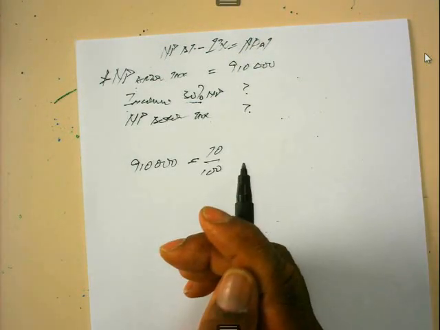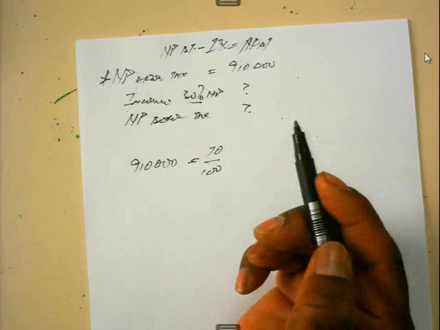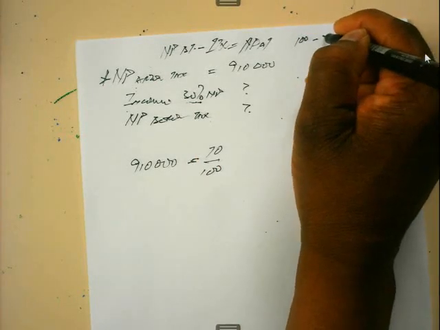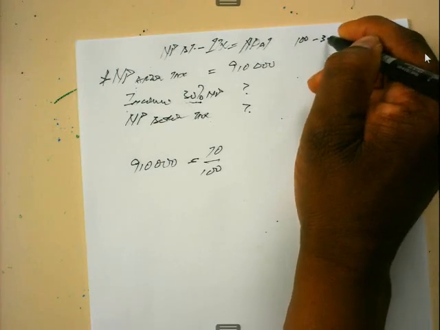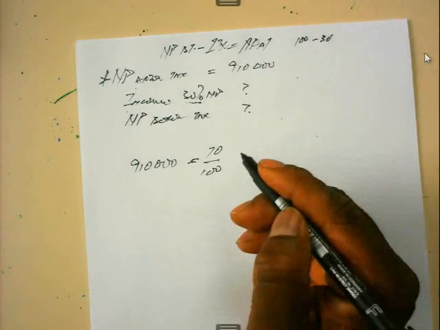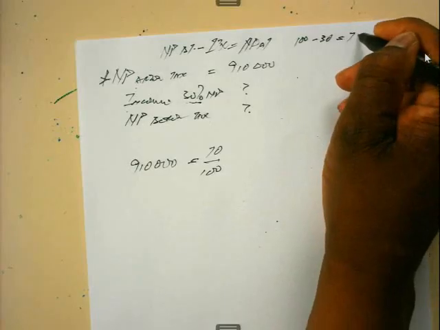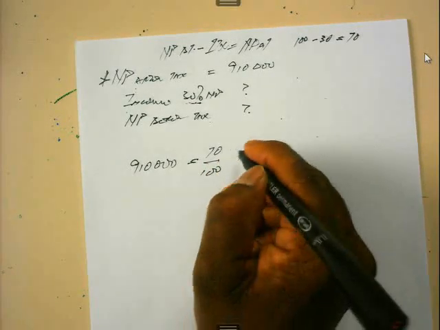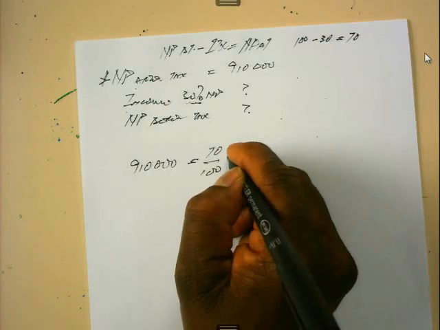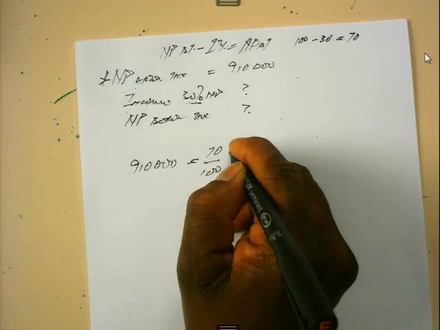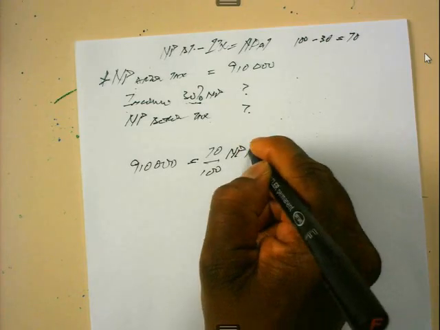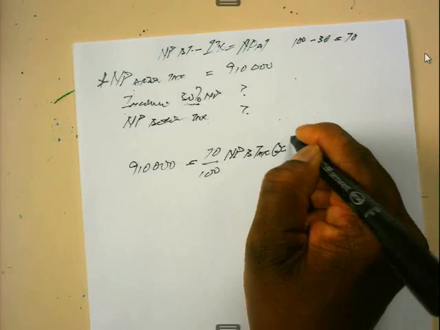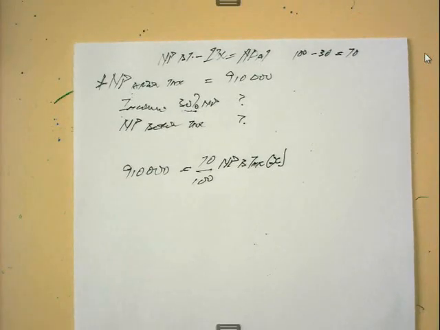So you equate this to 100%. You say 100 minus 30% income tax gives us 70. So 910 is equal to 70% of net profit before tax. We can represent net profit before tax by X if you like.